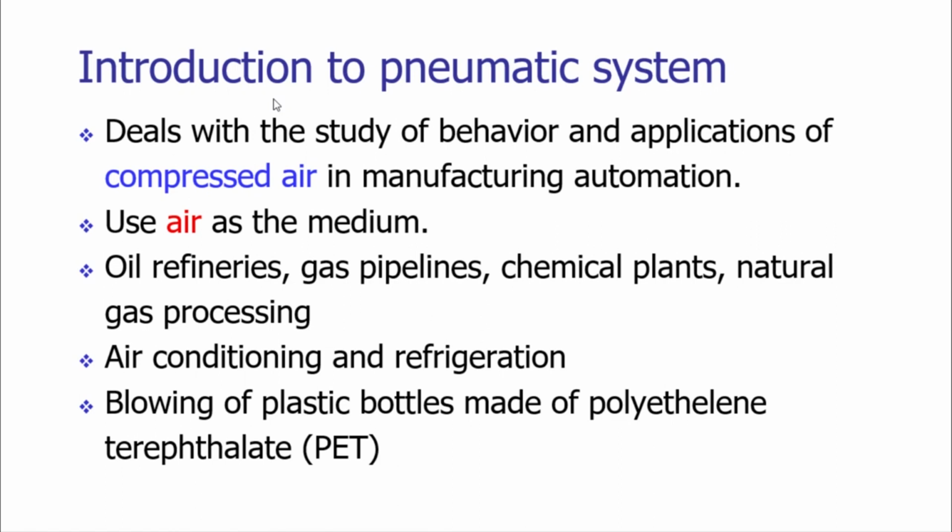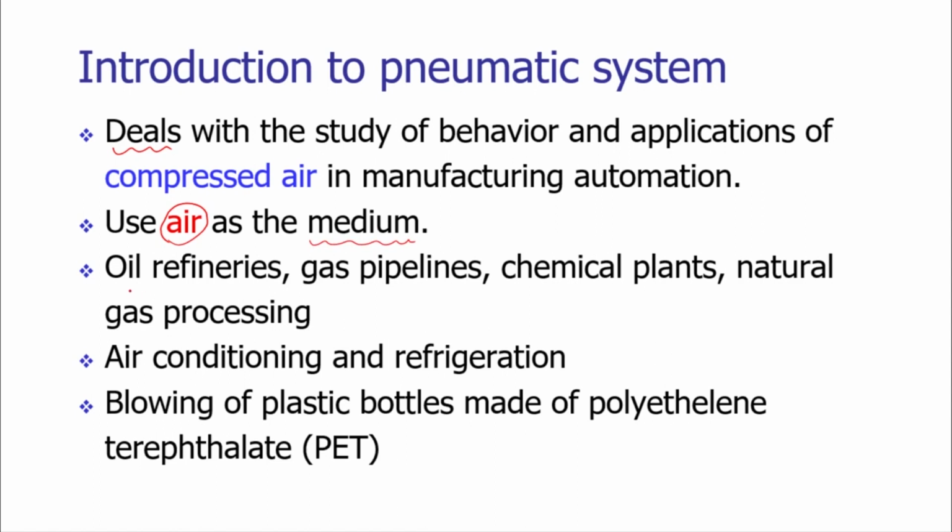So a pneumatic system, as we have seen, basically deals with the behavior and application of compressed air in manufacturing automation. In general, air, which is abundantly available in the environment, is used as the medium for the processing.